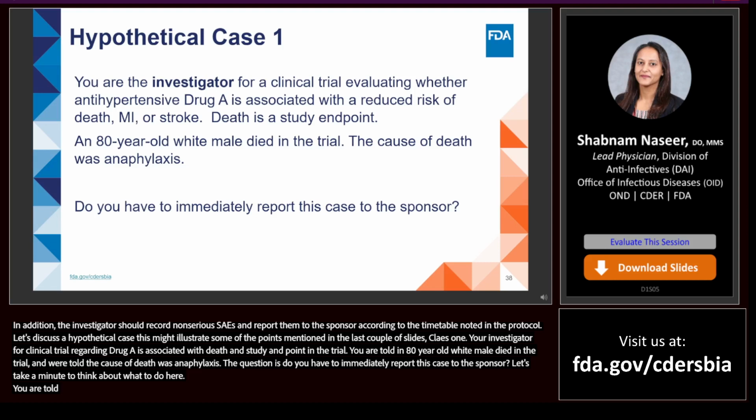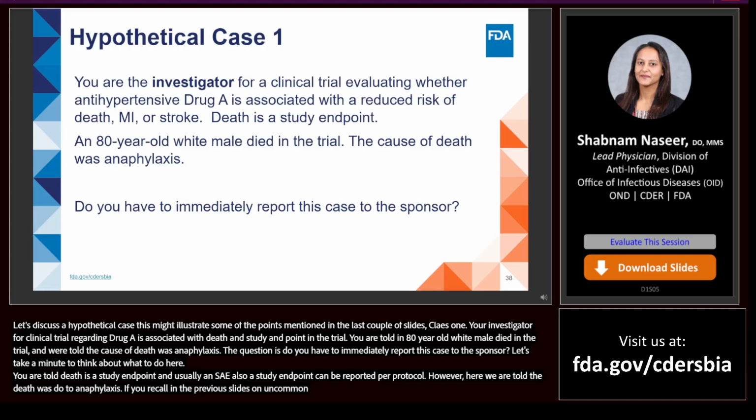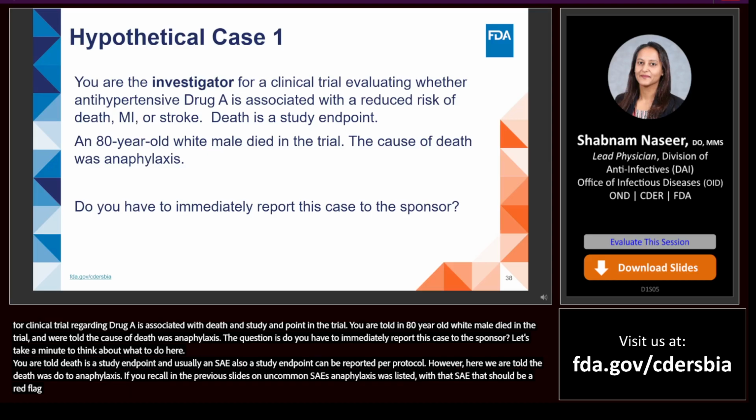However, here we're told that the death was due to anaphylaxis. If you recall in the previous slides on uncommon SAEs, anaphylaxis was listed, and with that SAE, that should be a red flag that there could be evidence to suggest a causal relationship between drug A and the event, and so the investigator must immediately report this event to the sponsor. So the answer is yes to this question.